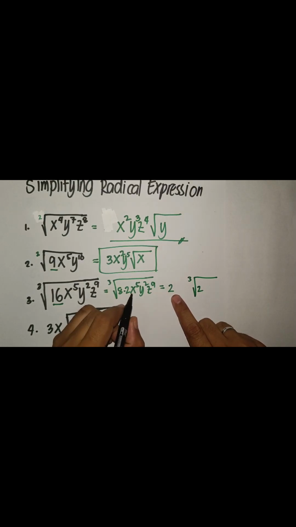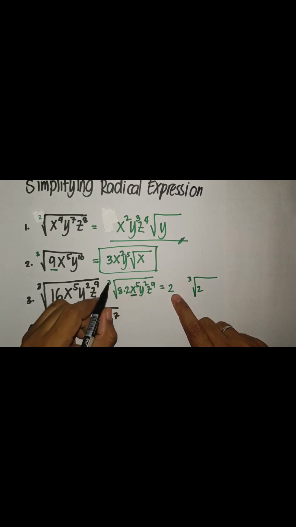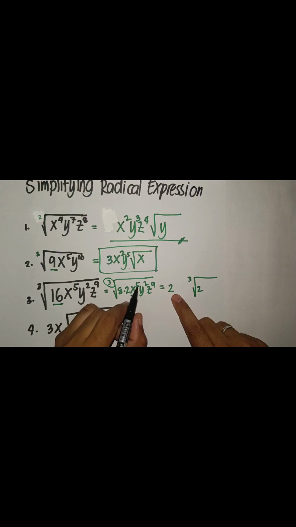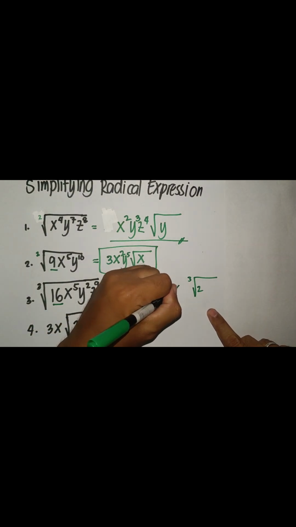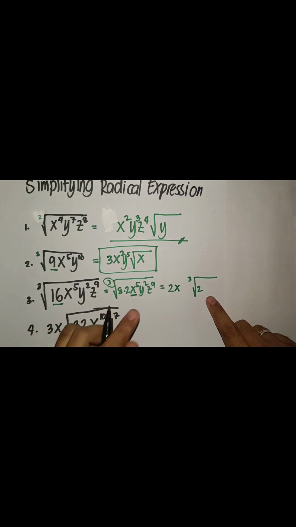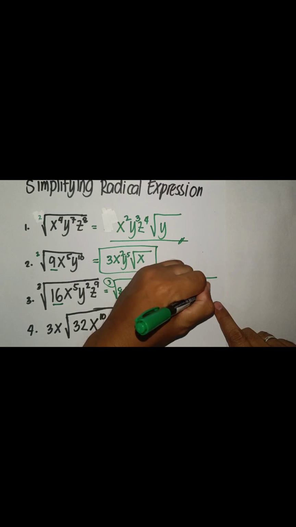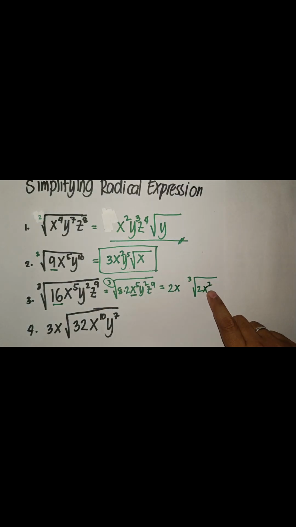Then let us proceed to x to the exponent of 5. Again, we are going to divide the exponent of x by the index. 5 divided by 3 is 1, remainder 2. Meaning to say, there is one x that goes outside, and then remainder 2, there is x squared that remains inside the radical symbol.